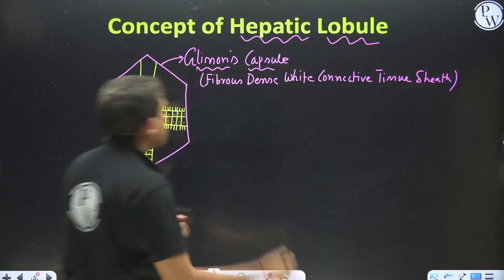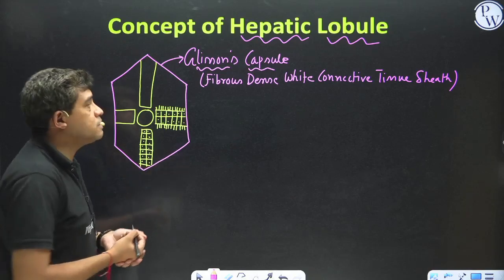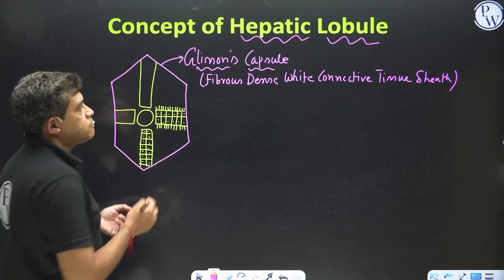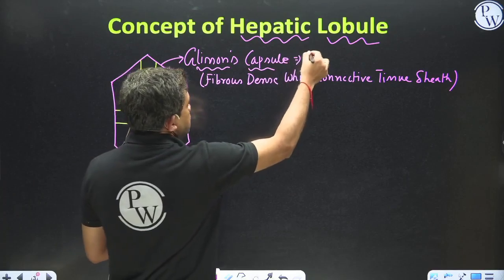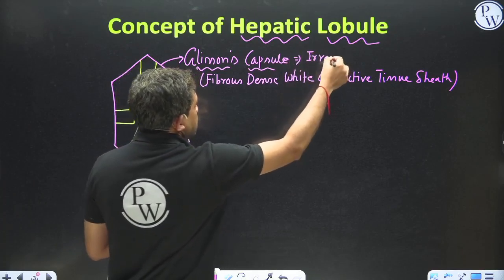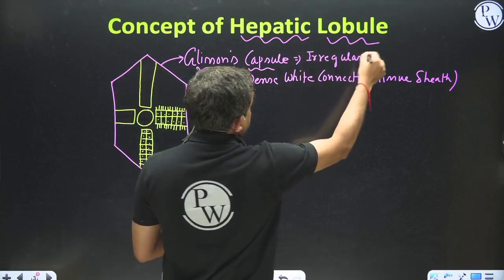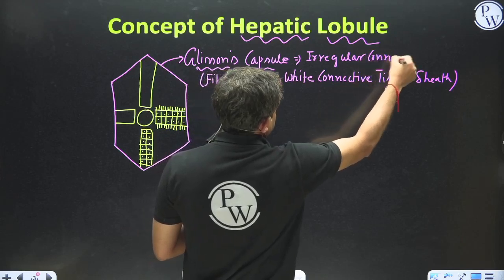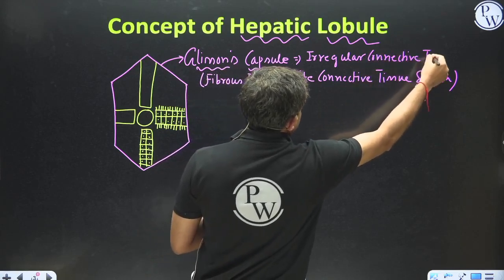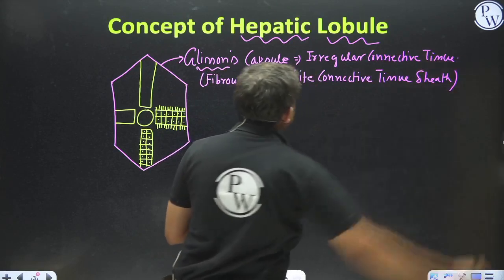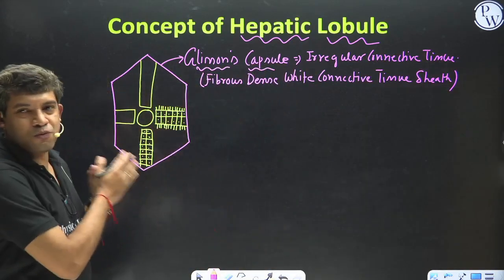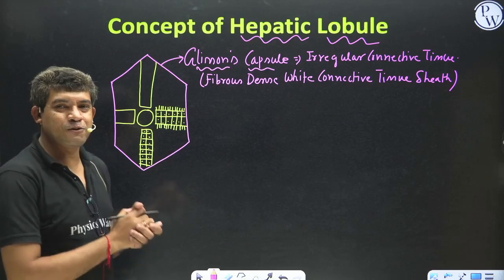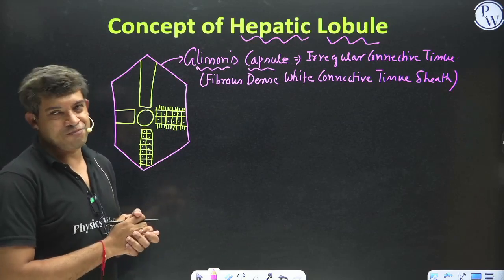Its basic nature is an irregular connective tissue. So individually, these are the hepatic lobules once again, and each hepatic lobule is enclosed by an irregular connective tissue sheath.